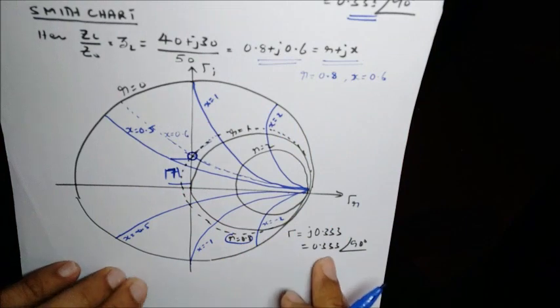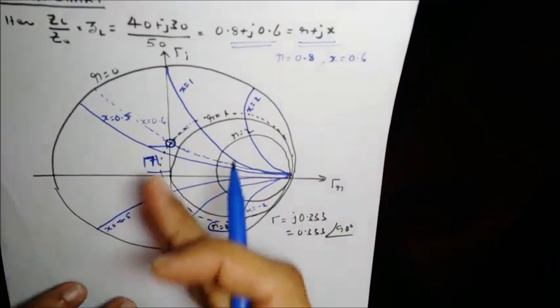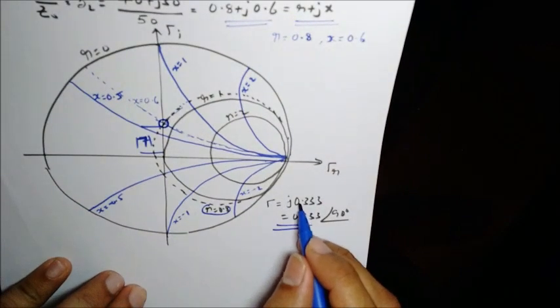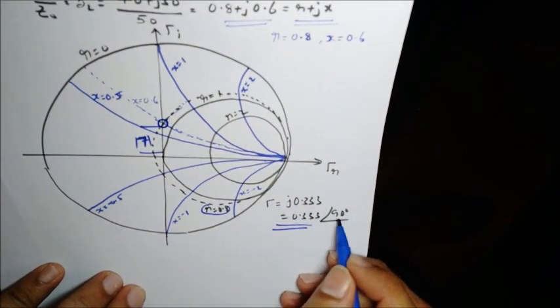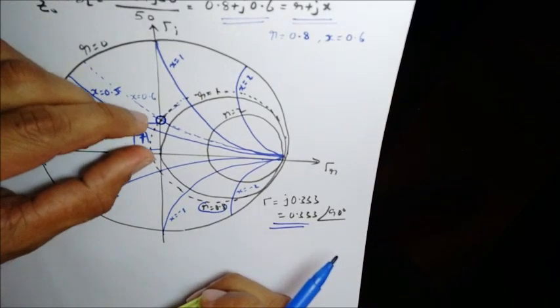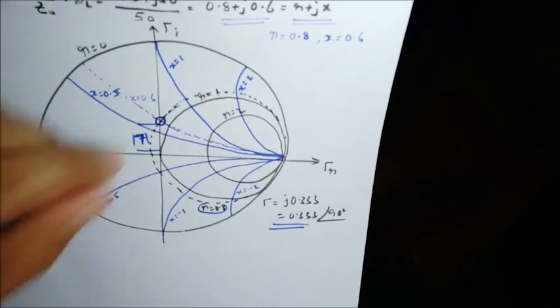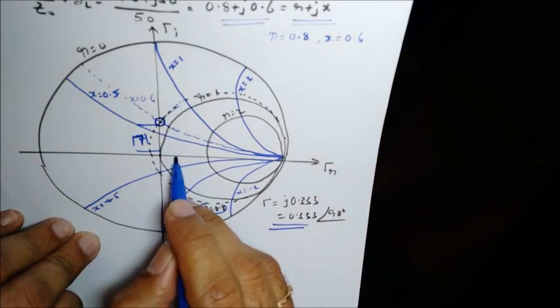And when you do this on the Smith chart, you will get the answer: gamma will be j0.333, which means it is 0.333 with an angle of 90.